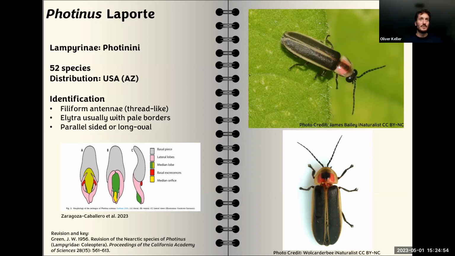Long oval is mostly like your previous Ellychnia, but most of them are parallel-sided. A lot of times, you will need the flash pattern to identify these, or if they're already dead, the genitalia need to be extracted, which we will talk about more. This is a good graphic from Zaragoza Caballero's recent paper, where they show the different parts of the genitalia, and there's a revision of the North American species by Green, 1956.